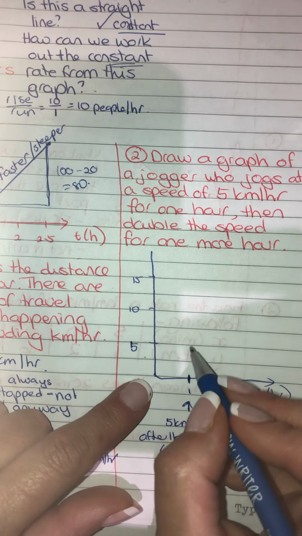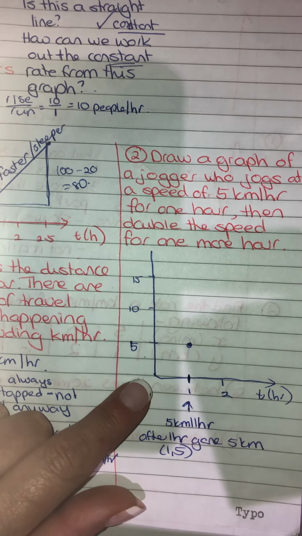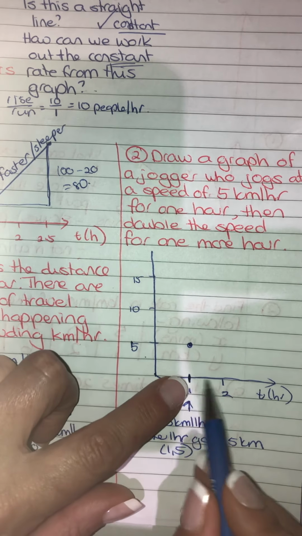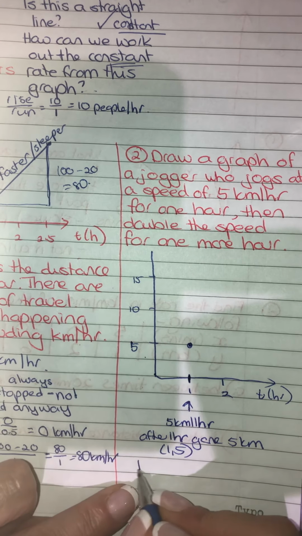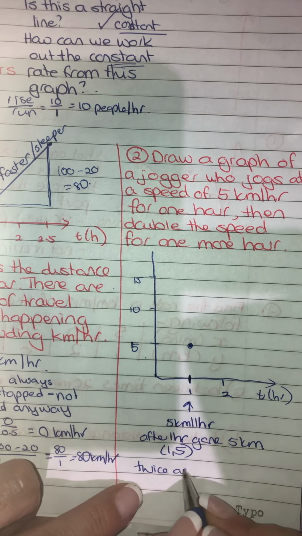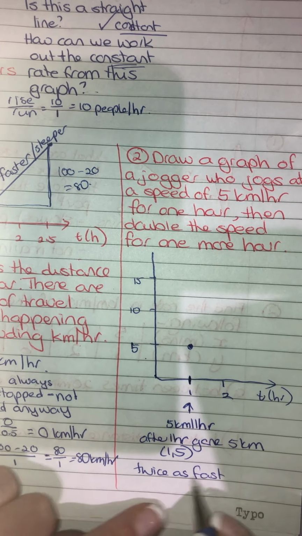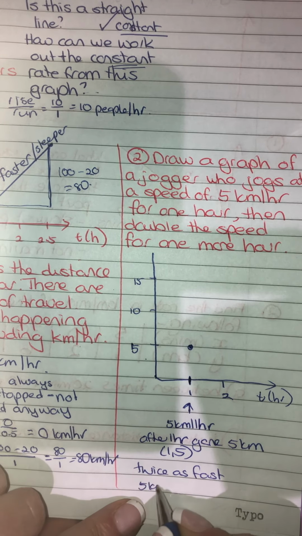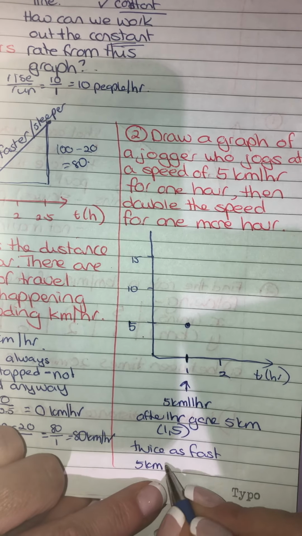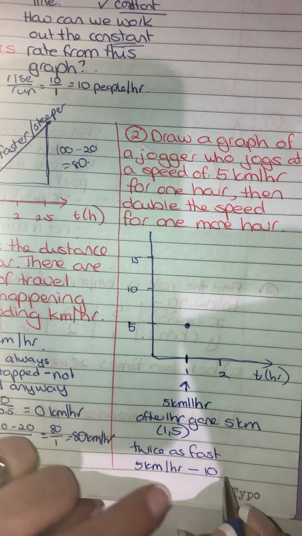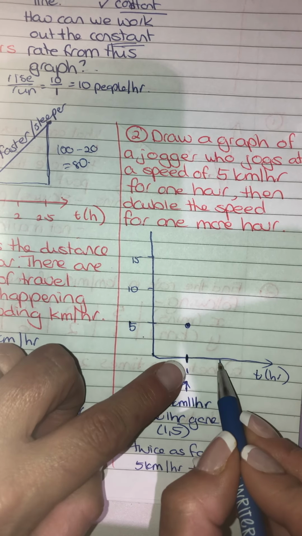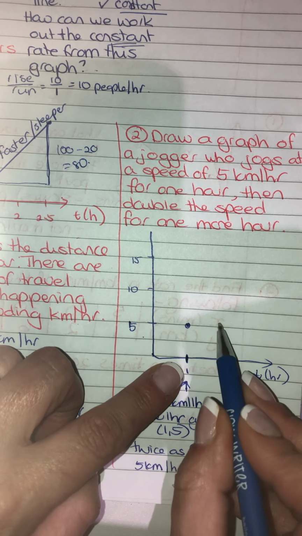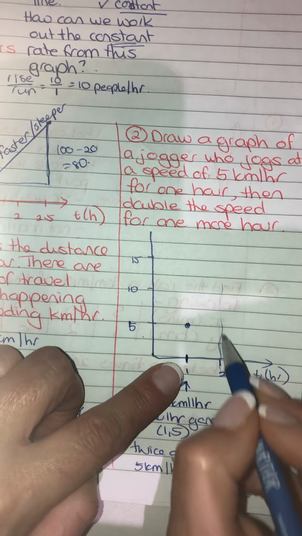After 1 hour, you've jogged 5 kilometres. Then it says in the next hour, so you're talking about this bit here, you go twice as fast. So twice as fast, if you were going 5 kilometres per hour, it means you're now going at 10 kilometres per hour. So we're going to go an hour, so we want to go up here. So your dot's going to be to the 2 somewhere.